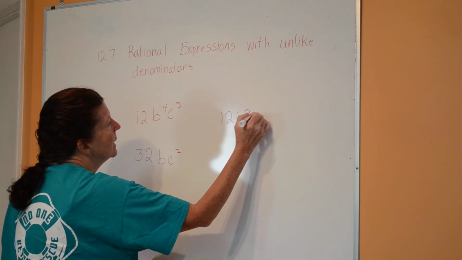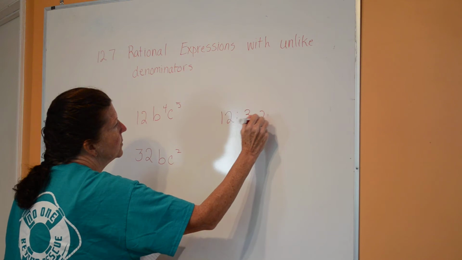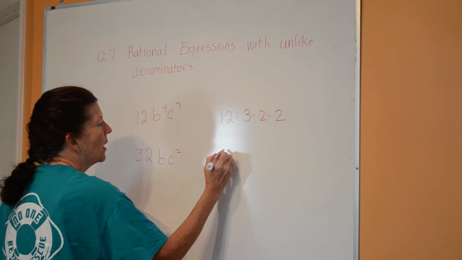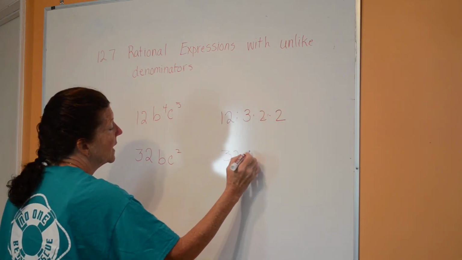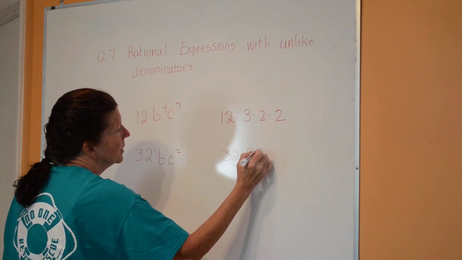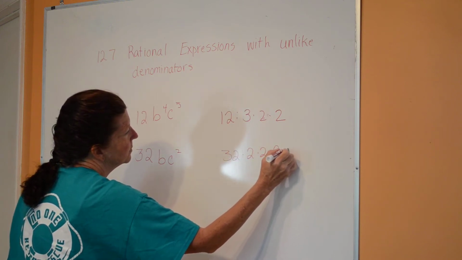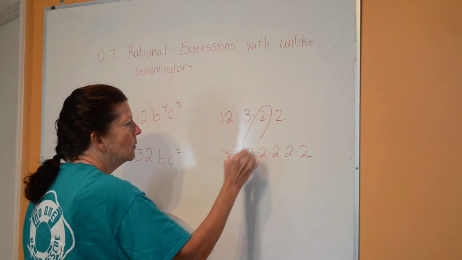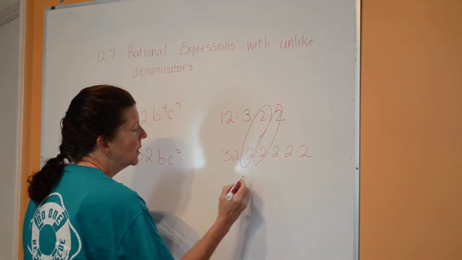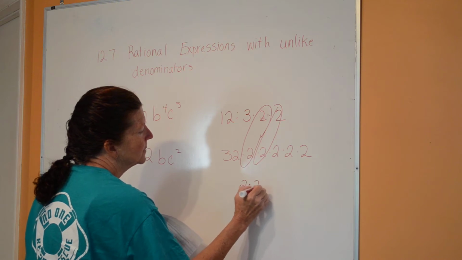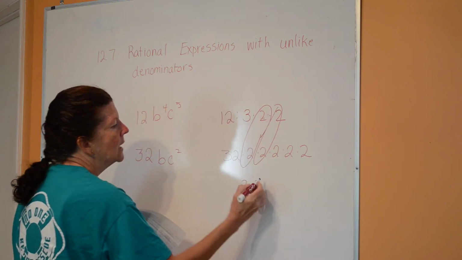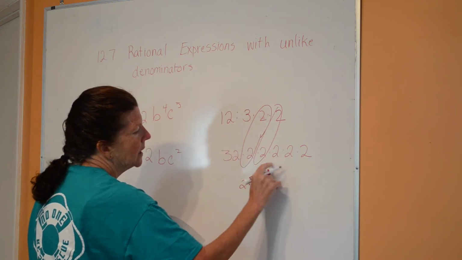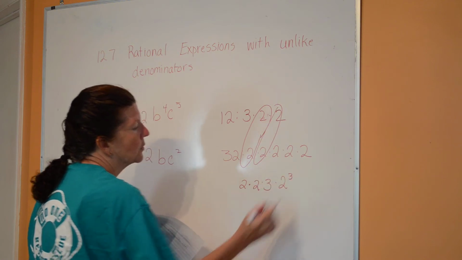So it's 3 times 2 times 2, and on 32, it's actually 2 times 2 times 2 times 2 times 2. So I circle the pairs that I have. So I have a 2 times a 2, that comes from those pairs, times a 3 times each one of those, so that's 2 to the third power.